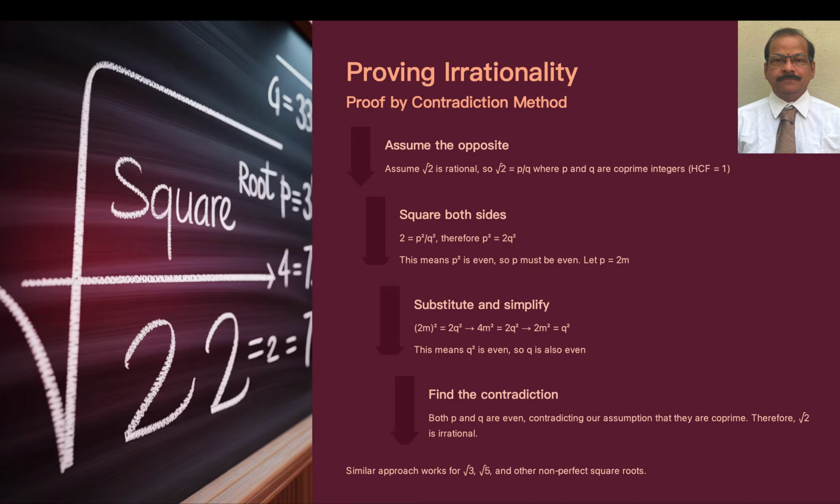Therefore, as we have proved that our assumption that it is rational has failed, naturally it results in the given number being an irrational number. Therefore, root 2 is irrational. A similar approach can be adopted for root 3, root 5 and other non-perfect square roots. Yes, this we have already said.